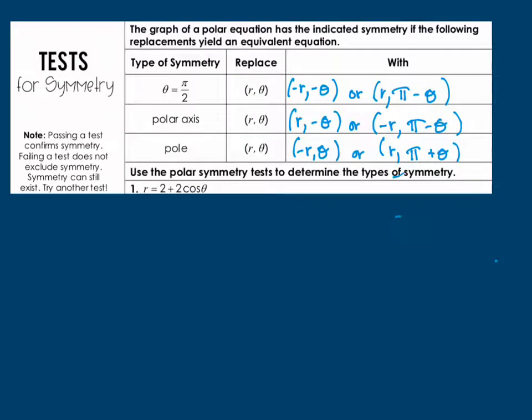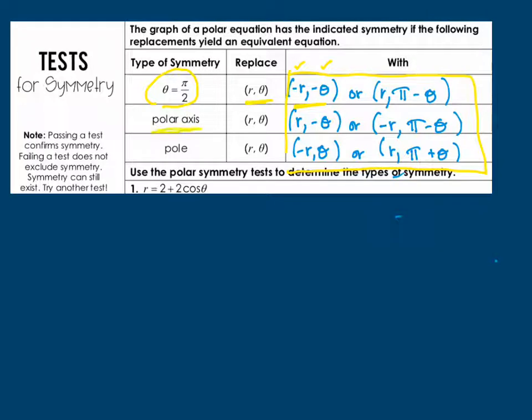Let's move on now. There are ways to test symmetry, and you basically have to memorize this, okay? If you want to test whether it's symmetric to the line theta equals pi over 2, you replace r and theta with negative r and negative theta. So you switch both r and theta to negative.